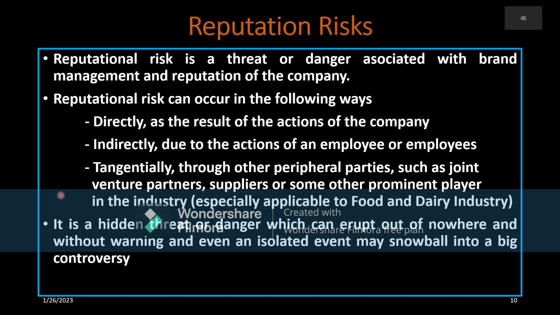It is a hidden threat or danger which can erupt out of nowhere and without warning, and even an isolated event may snowball into a big controversy, like detergent found in a big tanker, causing immense loss of credibility for the entire dairy industry in North India in early 2000s, or monosodium glutamate (MSG) found in Maggi noodles, threatening the very existence of Nestle in India in 2015.